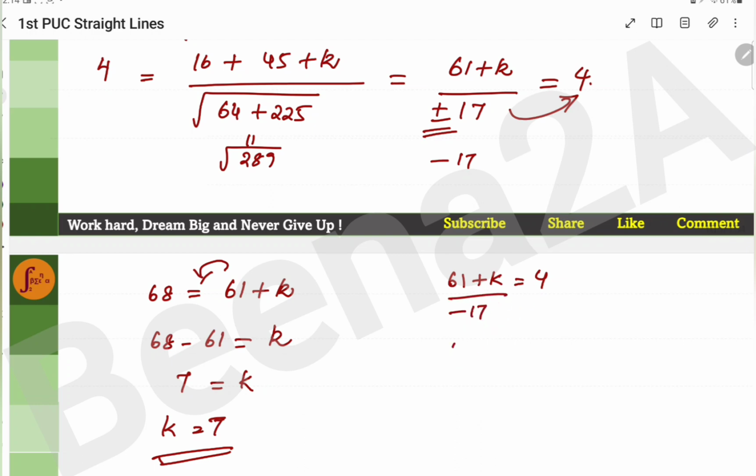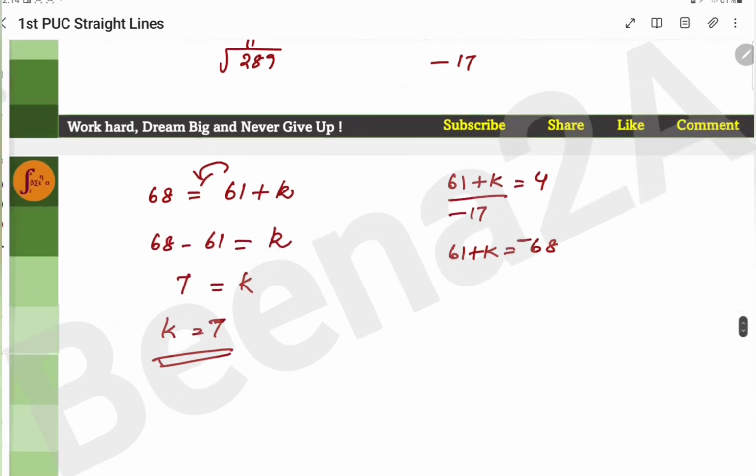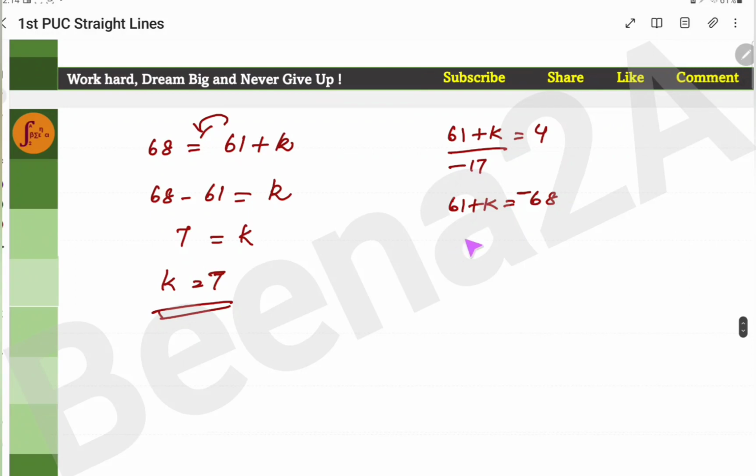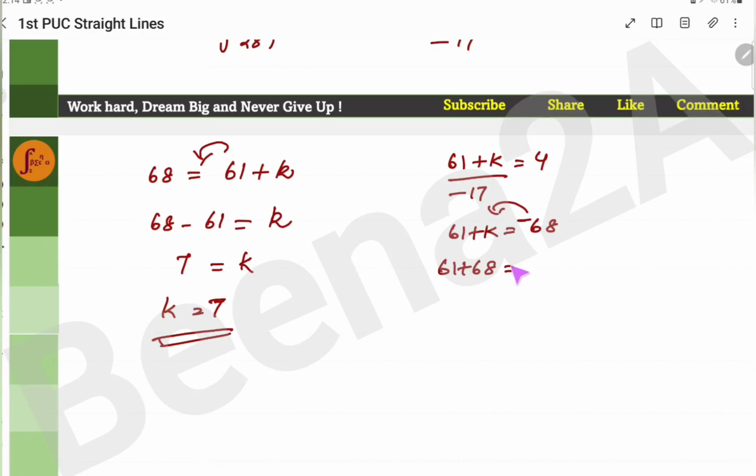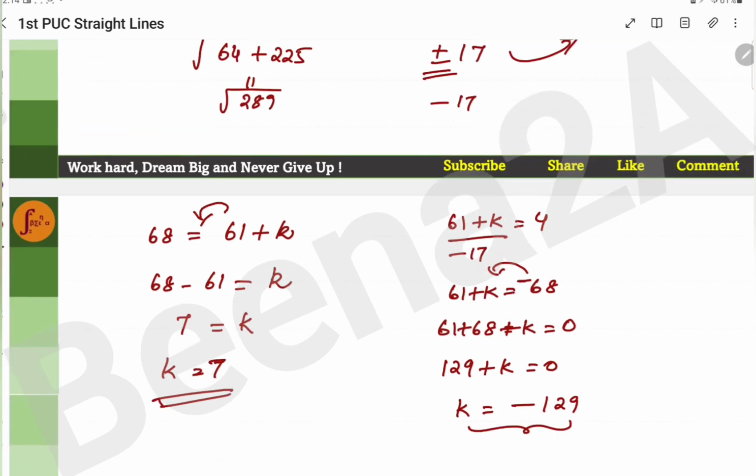So we'll get 61 plus k is equal to 4 into 17, which is 68. It will be minus 68 this time because it's minus 17. So 61 plus 68, which is 129, plus k is equal to 0, or k is equal to minus 129. So you'll have two values of k, either a positive value or a negative value.